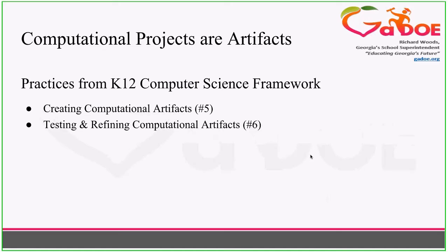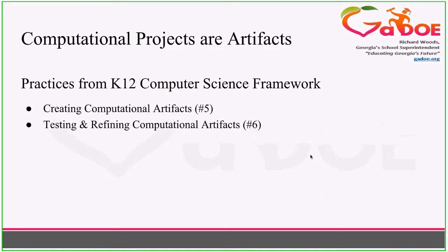Just to revisit, last time we talked about the K-12 computer science frameworks. I uploaded those documents and gave you links. These are practices developed by a lot of smart people, including our DOE folks and some practitioners here in Georgia, so Georgia was on the front end of that.